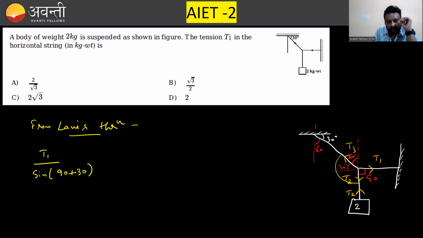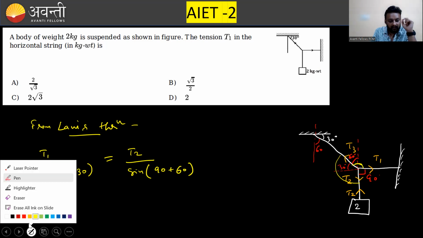Clear? This must be equal to another tension T2 divided by sine of, you can say T2 is this one, and the angle opposite to that is 90 plus 60. This angle is 90 plus 60.